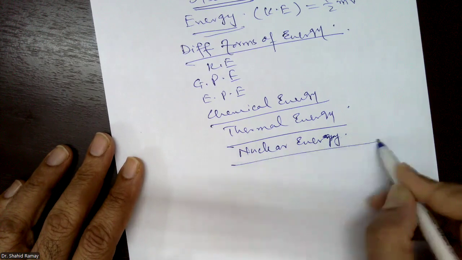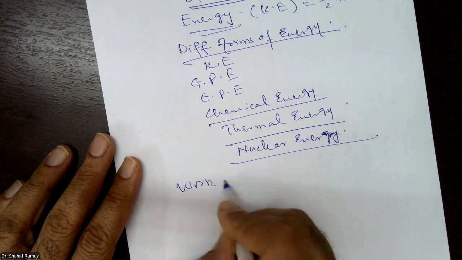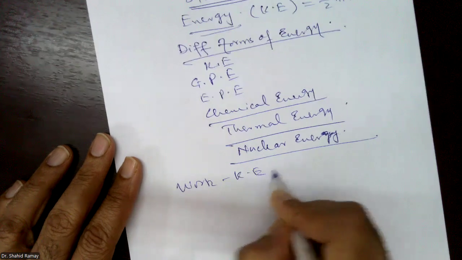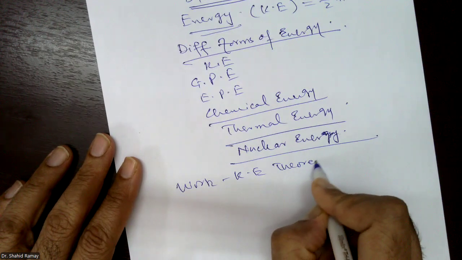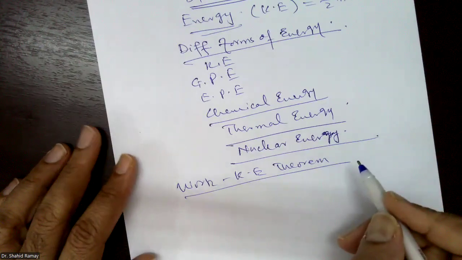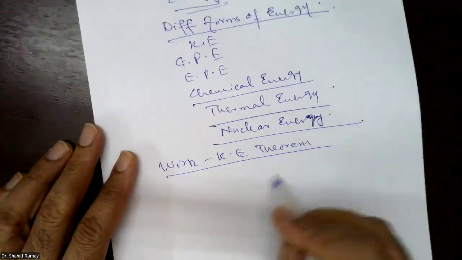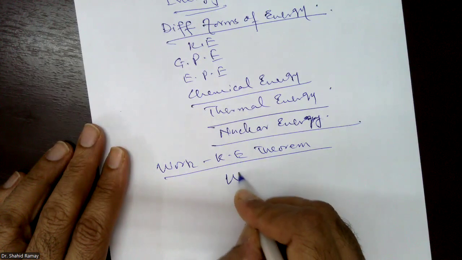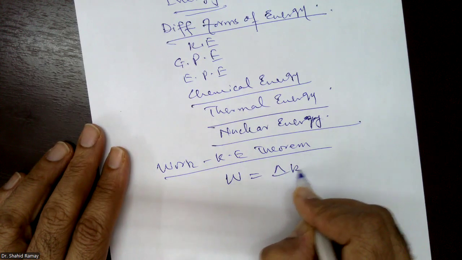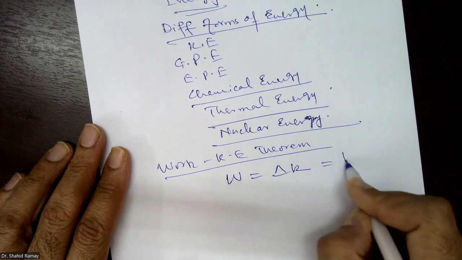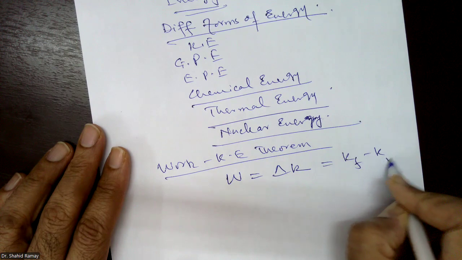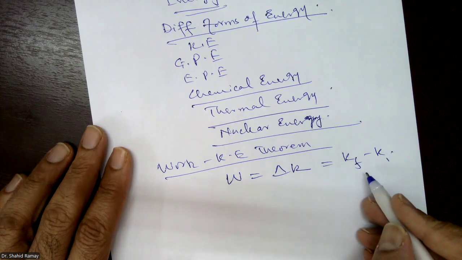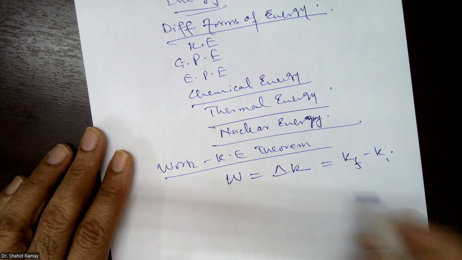And also we have discussed the work kinetic energy theorem. In the work kinetic energy theorem, you have studied that W is equal to delta K. Delta K is equal to Kf minus Ki, where Kf is the final kinetic energy minus the initial kinetic energy.